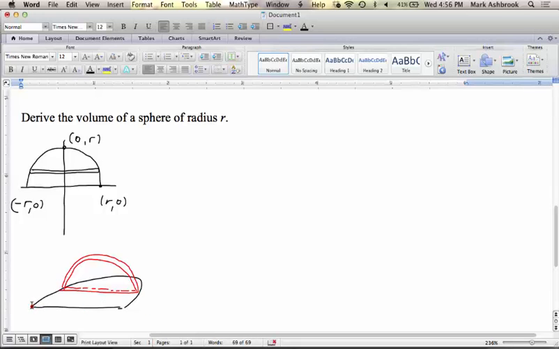Here is where we're going to have the biggest one, so I'm going to have the largest one here. And then they're going to get smaller. Those half discs are going to get smaller and smaller until we come to this point at the top of the circle where it'll be 0. So that'll give us a quarter of the sphere.